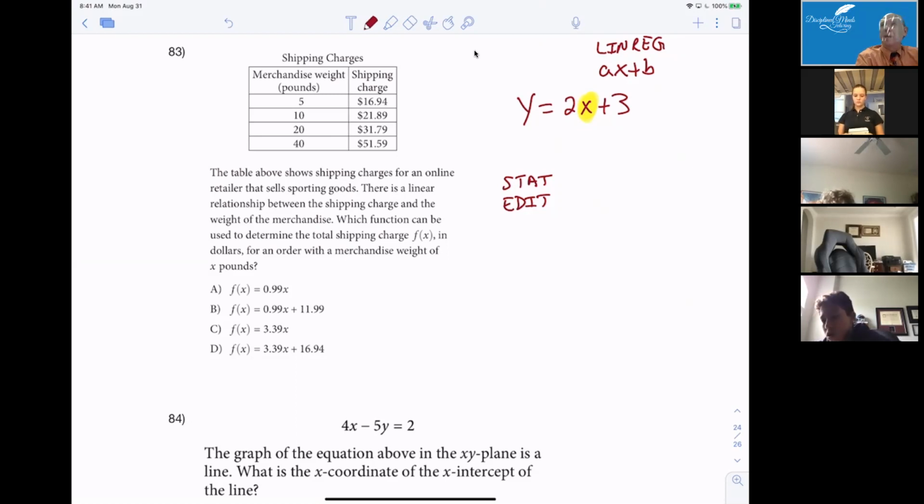And what is the answer, guys? Let your calculator do the work.